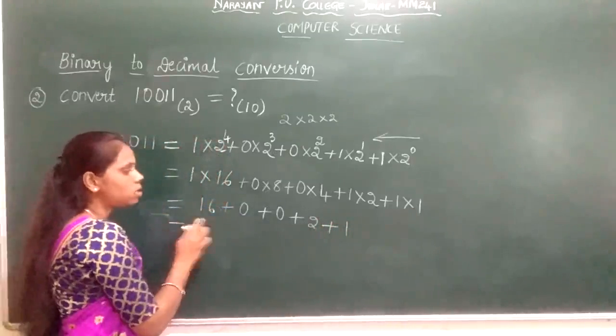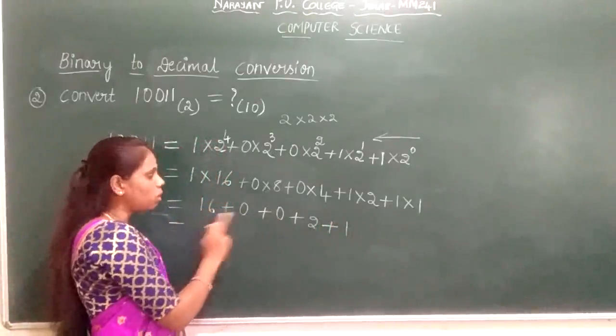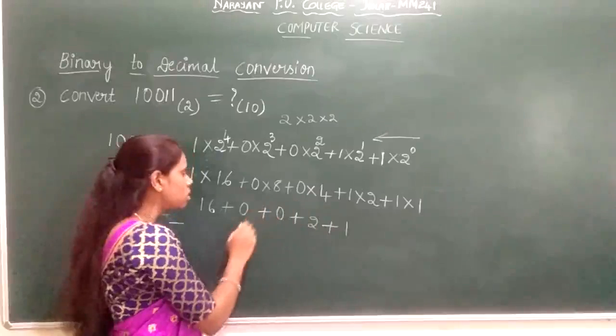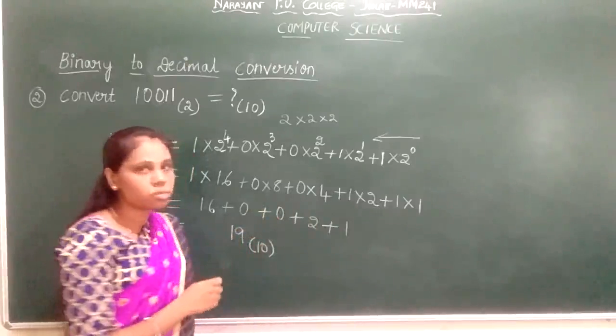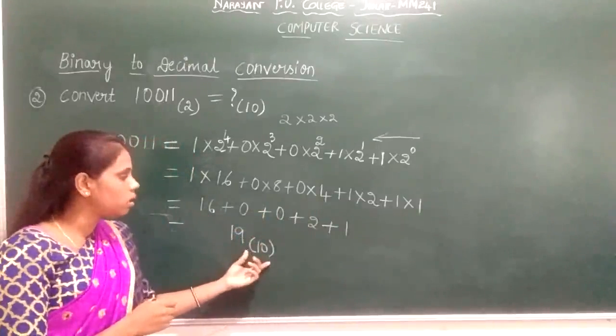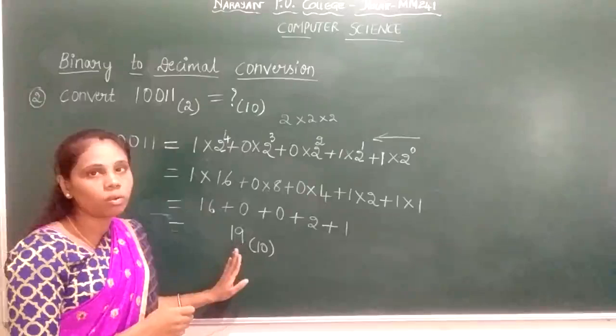Now add all these terms. 16 plus 0 is 16. Again you have 0, so it will be 16. 16 plus 2 is 18. 18 plus 1 is 19. So the base value is 10. Since we are converting from binary to decimal, I am representing the base value as 10. This is the decimal value.